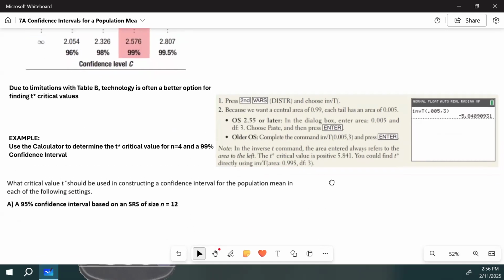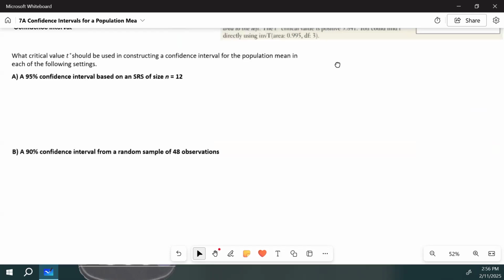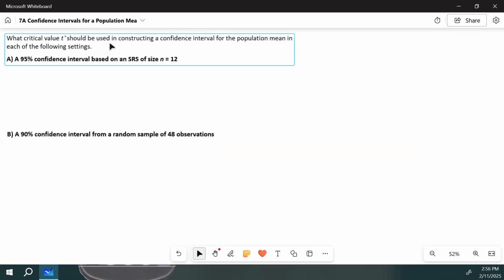Okay, so let's do another example here. What critical value T stars should be used in constructing a confidence interval for the population mean in each of the following settings? So if I want a 95% confidence interval based on a simple random sample of size 12, then my degrees of freedom are going to be 12 minus 1, which is 11.